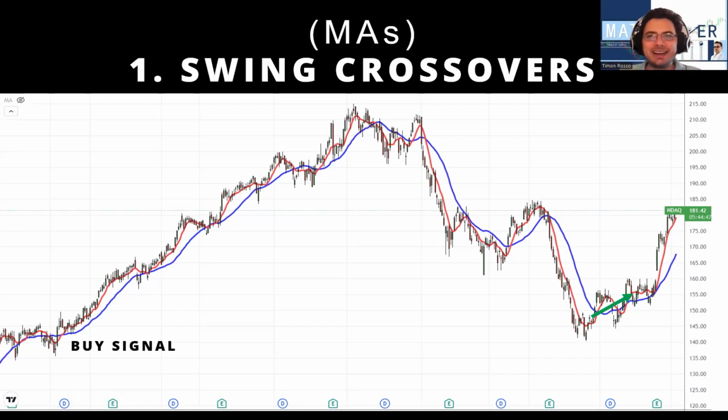Others make them a lot thicker so they can handle the sideways movement or the retracement before the market continues up. So they held on to this price at, dare I say, 145, or let's say 147. They held on, the market moved up. You can see this is a daily chart. And when it crossed over, they got out at 195.